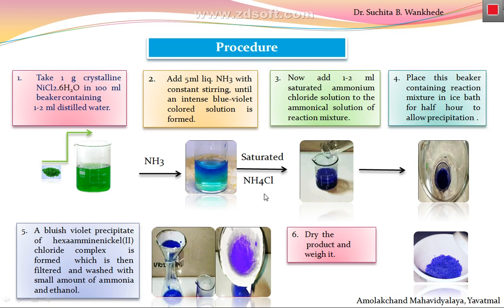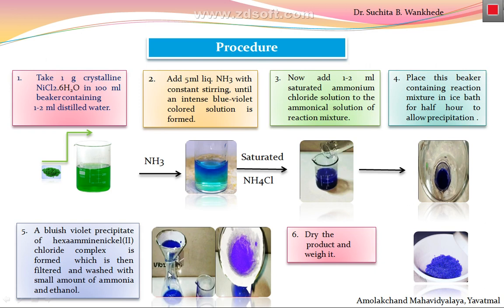To this violet blue colored solution, we add saturated solution of ammonium chloride. Now this reaction mixture in the beaker is placed in the ice bath and allowed to settle for half an hour. We get precipitation.